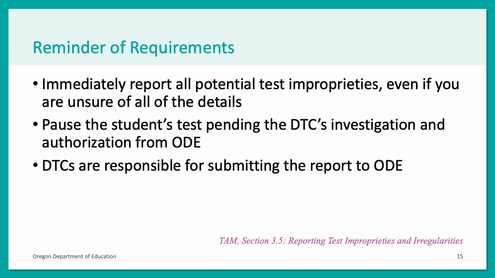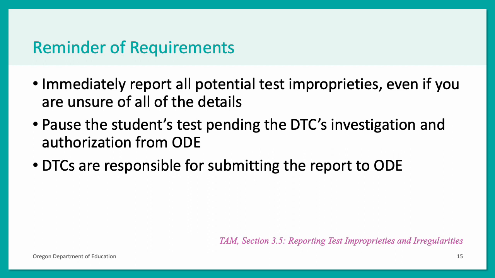Immediately pausing tests impacted by a potential test impropriety or irregularity, and not resuming testing before the district test coordinator's full investigation and confirmation from ODE regarding the outcome, mitigates impacts on students. In some cases, allowing a student to continue testing before resolving the issue can significantly limit the options available to that student.